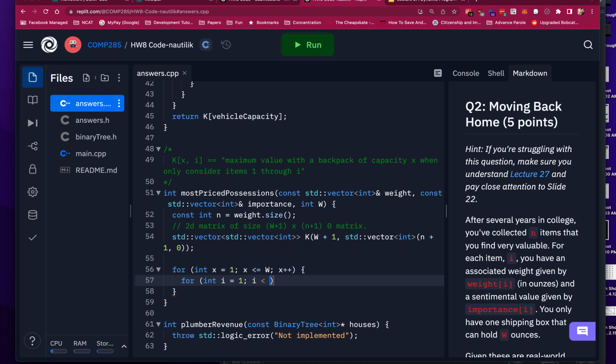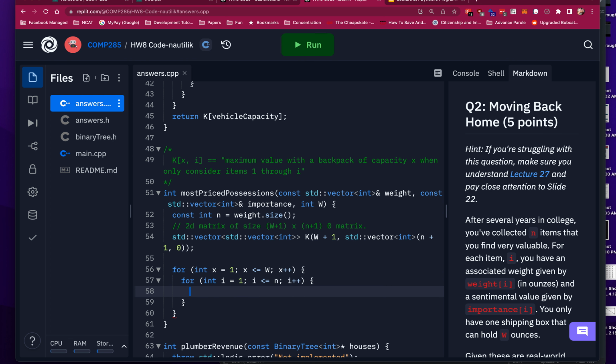So i is less than or equal to n, because the items are 1 indexed in the slides and also here, but when you actually look up the corresponding weights, you're going to need to subtract 1, i plus plus. And basically what we're trying to figure out is, okay, what is the answer to K of x, i, right? So that's what we're trying to figure out.